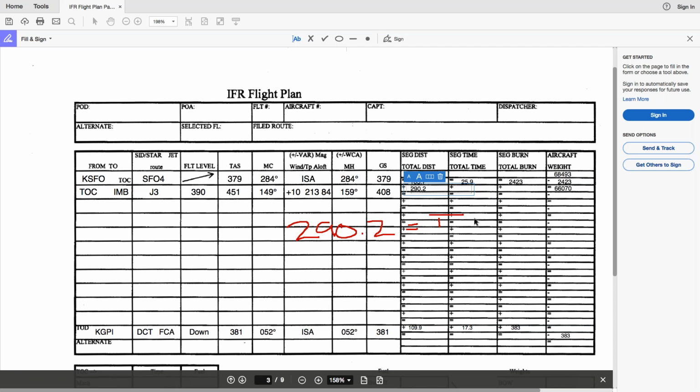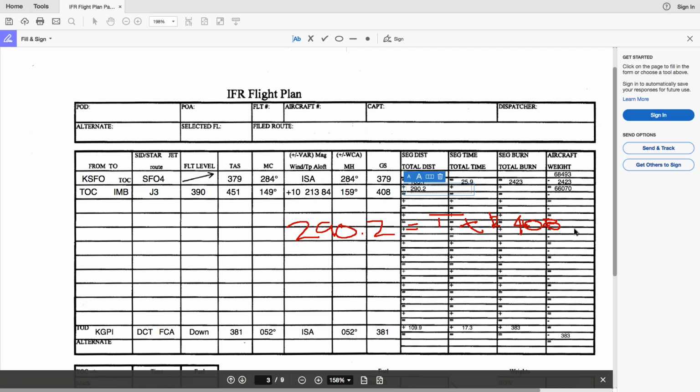We don't know our time, but we know our rate of 408 knots. So we just divide our distance of 290.2 by our rate of 408.